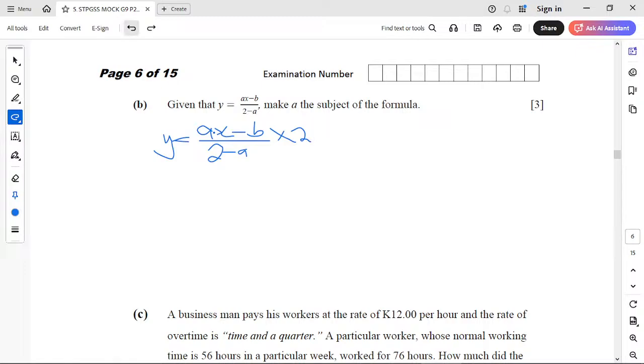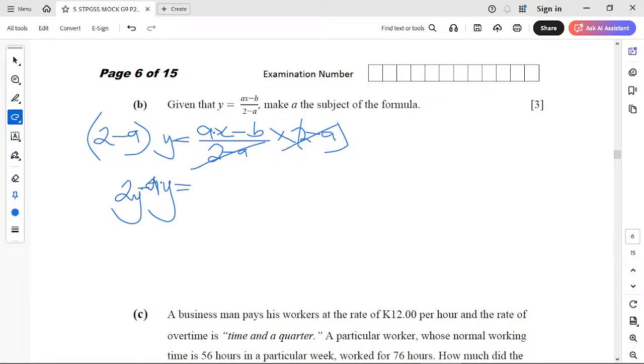Then y times 2 gives us 2y, and y times negative a gives us negative ay, which is equal to ax minus b, since the 2 minus a terms cancel each other out.